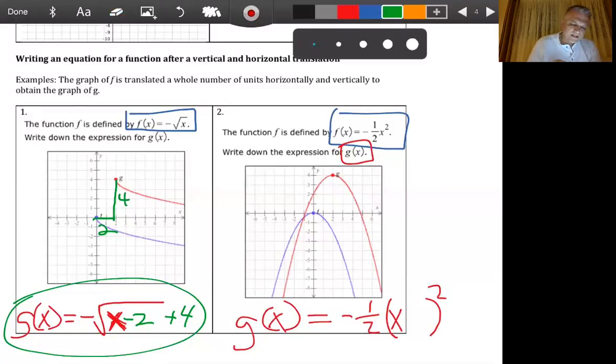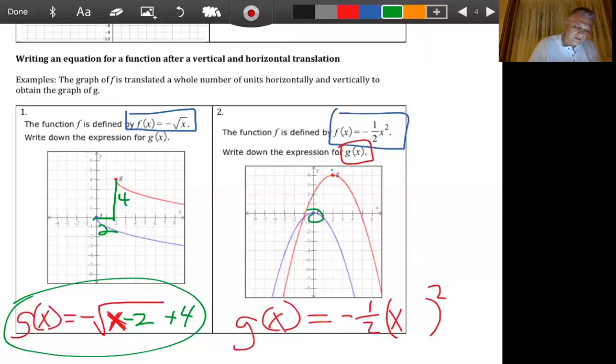All right, so what translations happened from F to G? And they've given you the 2 points that correspond. The vertex from F is nice, it's right at 0, 0. And the vertex at G is at 2, 4. So guess what? We're going 2 to the right and up 4 again, just like we did over here.